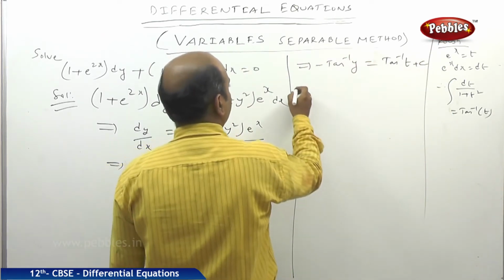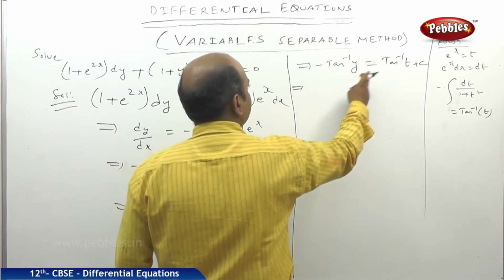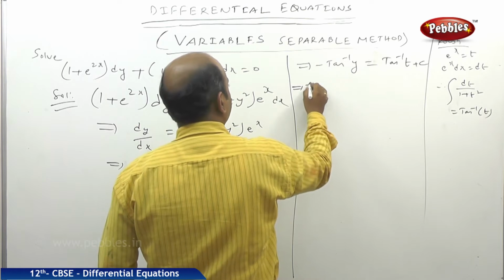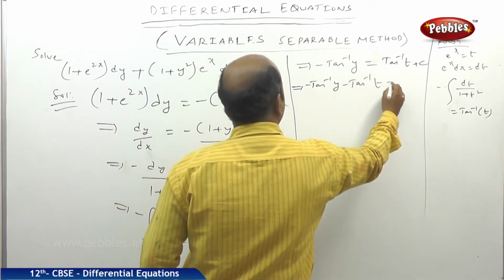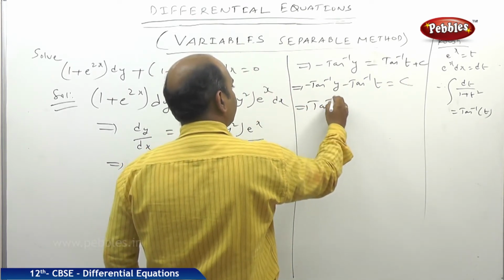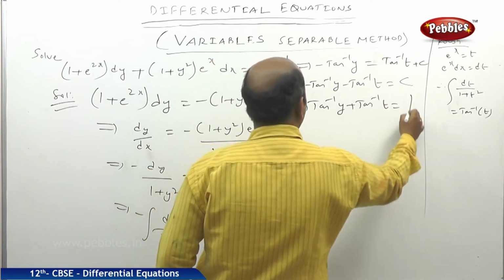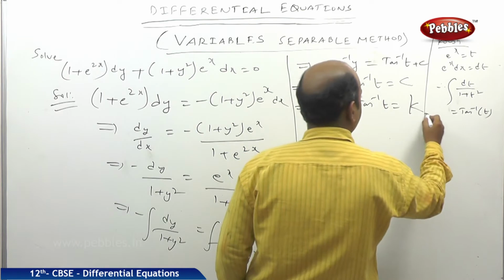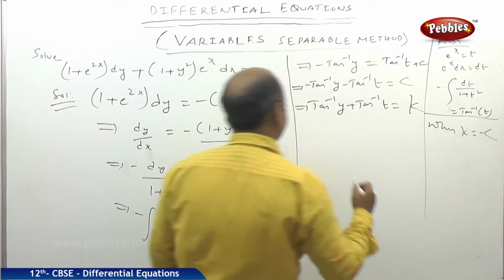So later I will make this tan inverse t to this side. So tan inverse y minus tan inverse t equal to c. So minus I will shift to that side. So tan inverse y plus tan inverse t is equal to, I will call it k, where k is nothing but minus c because it is a constant for us.